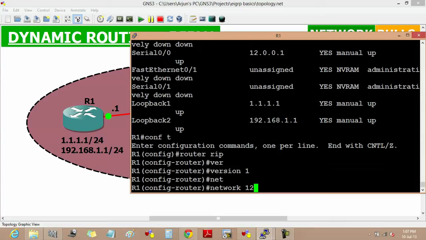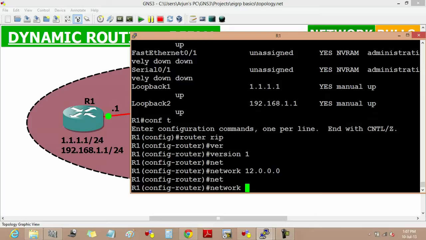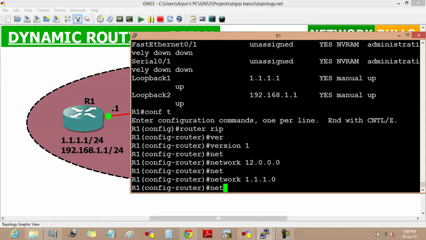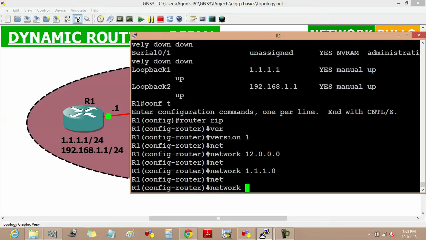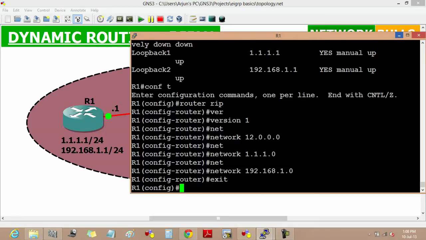First one is 12.0.0.0, then the next network is 1.1.1.0, which is classless, then network 192.168.1.0, which is classful, then exit.